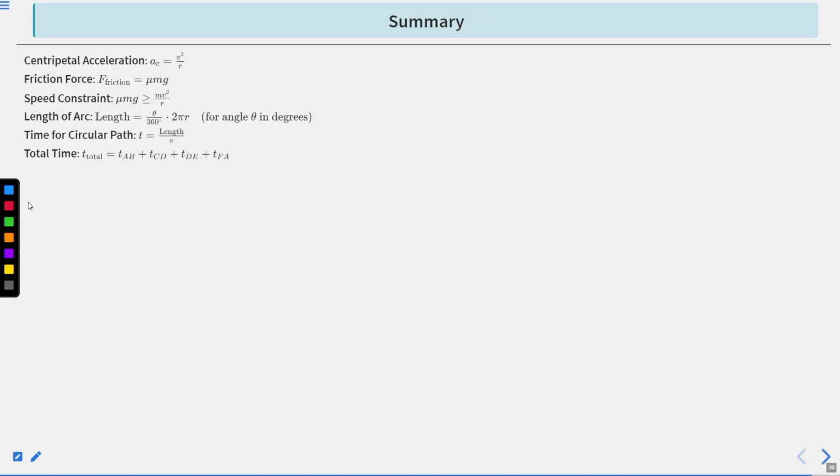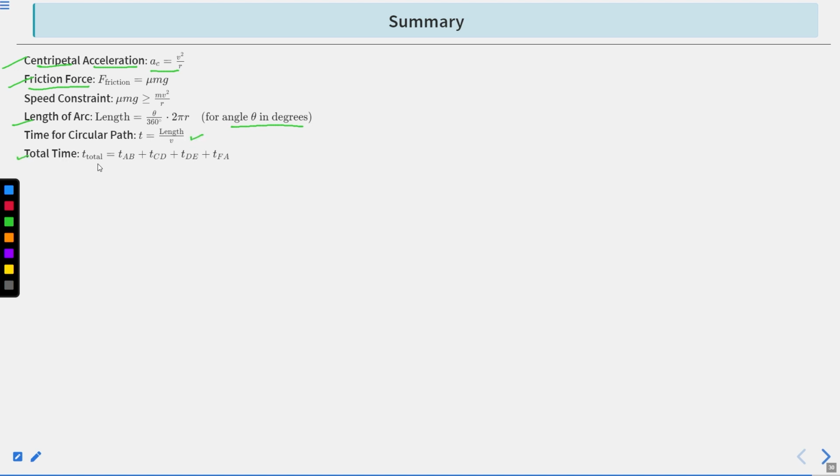The major formulas used in today's lecture are the centripetal acceleration, which is a_c equal to v square by r, and the friction force, which is mu mg. For constant speed, length of arc is theta upon 360 degree multiplied by 2 pi r for angle theta in degrees, and time for the circular path t equal to length upon v, and total time.